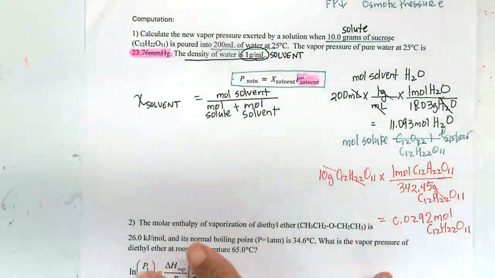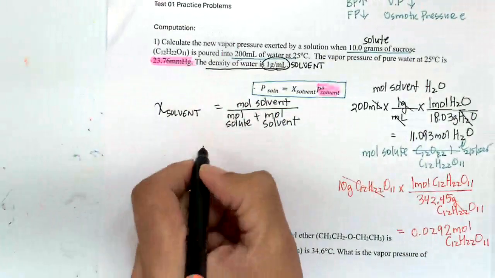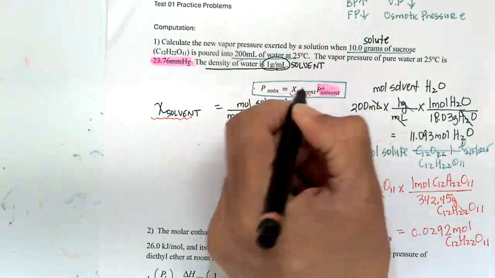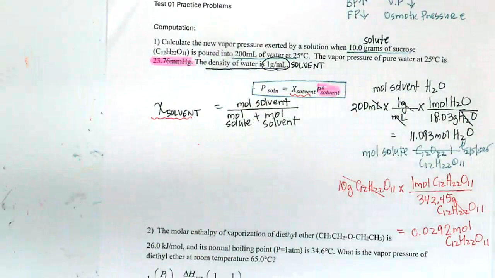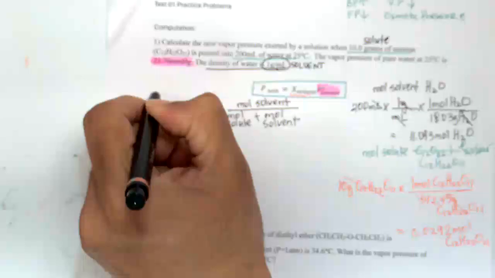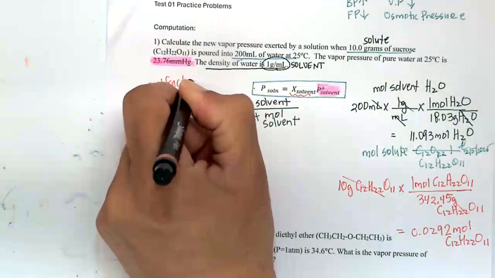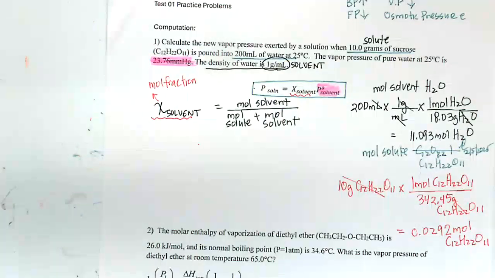Now let's calculate our mole fraction. Since this is mole fraction of solvent, solvent goes in the numerator. That X means mole fraction. In any type of fraction, the denominator will have the whole thing, solute and solvent. So we have moles of solute and moles of solvent.